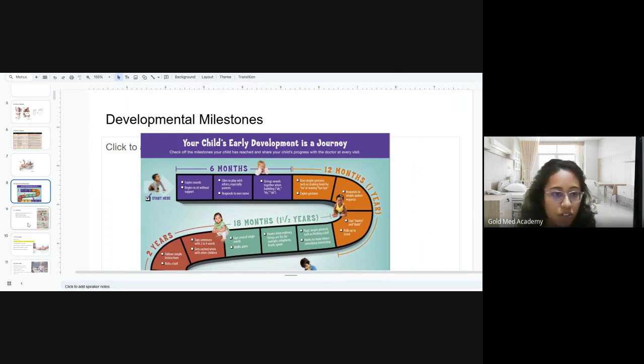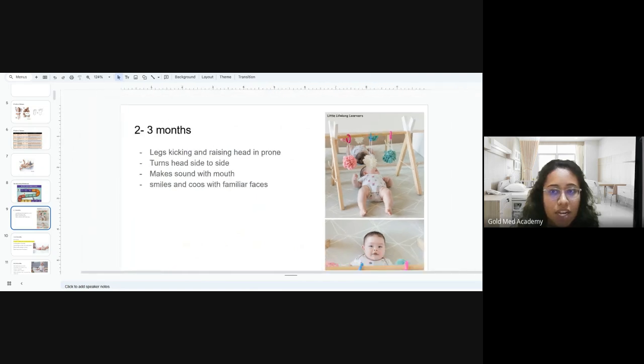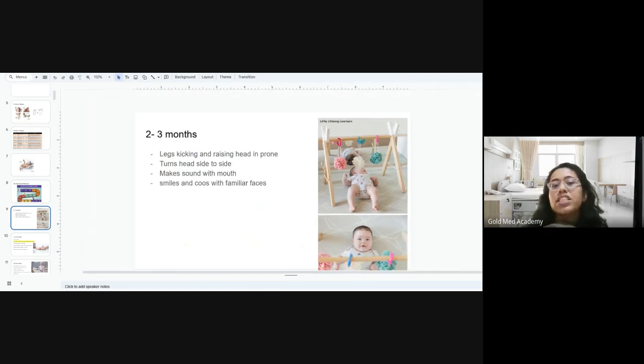So if you look on here, let's start with the very basic, right? Newborn, 2 to 3 months. When I talk about these milestones, when they say that by 2 to 3 months the child should already have this, it's not that they're starting to have these milestones.